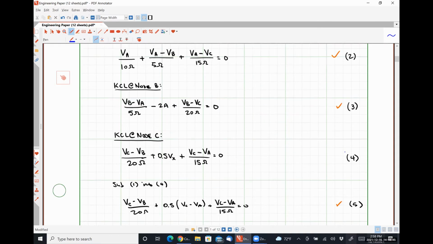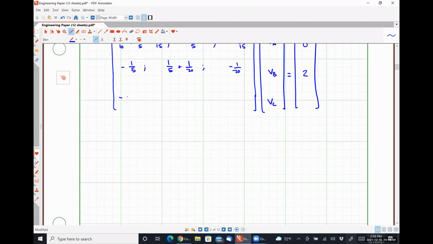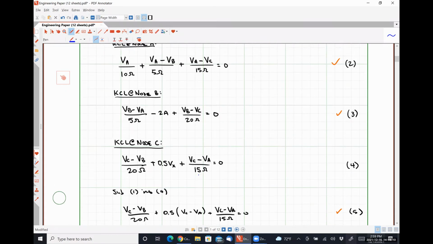Let's look at equation 5. So our coefficient for VA is going to be what? Yeah, so -1/2 plus -1/15. Our coefficient for VB.